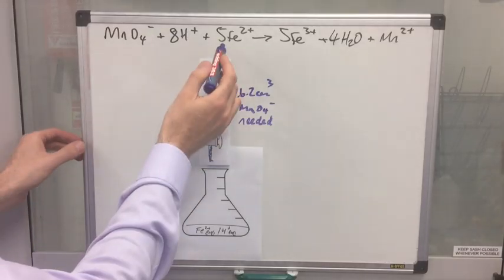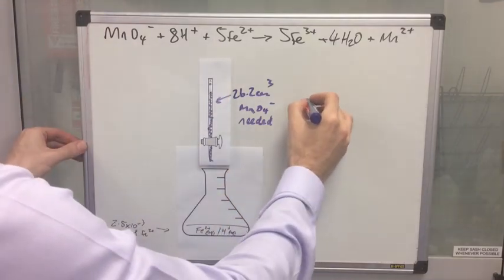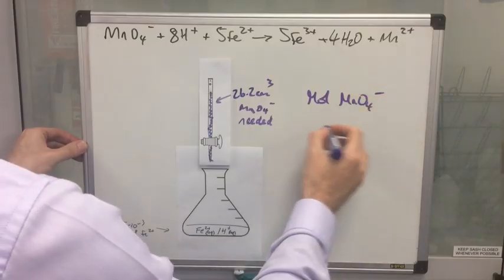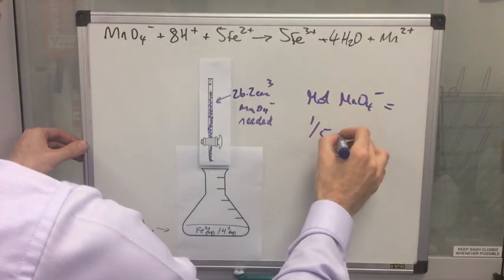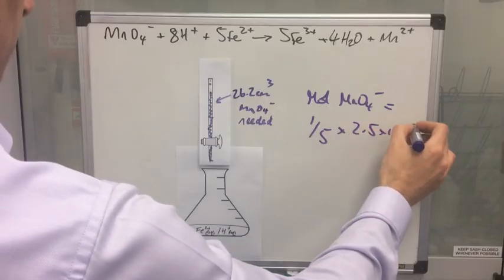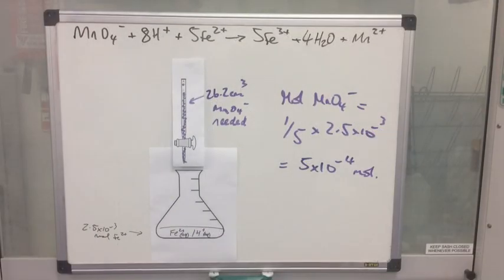So if we look at the mole ratio, that's a 1:5 ratio, so therefore the moles of MnO4- is obviously 1/5 of this, 2.5 times 10 to the -3, and that comes out at 5 times 10 to the -4 moles of MnO4-.